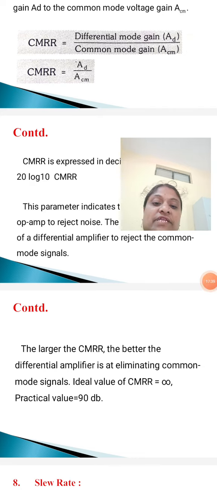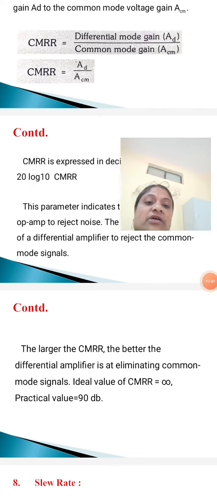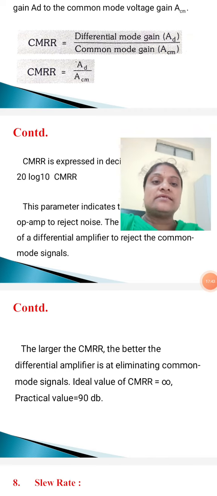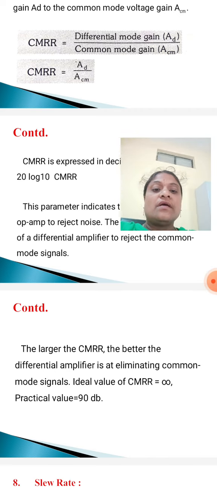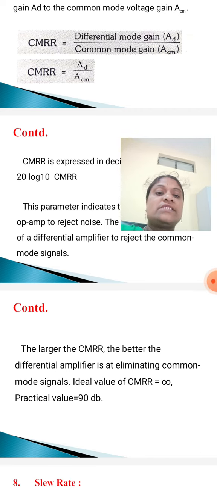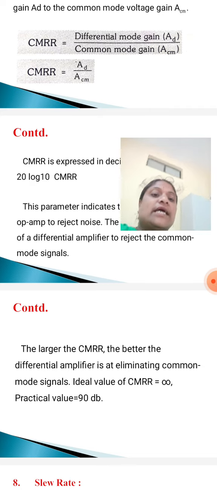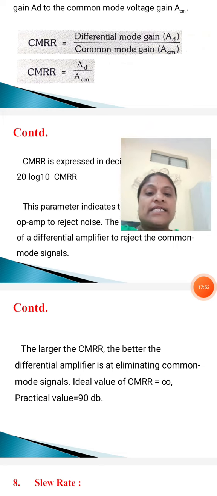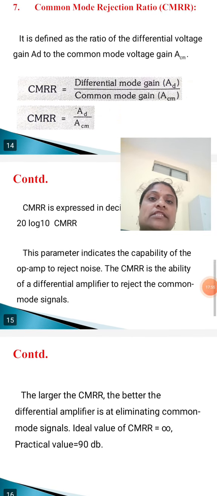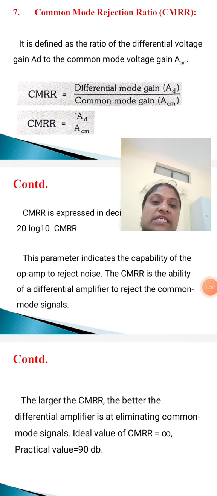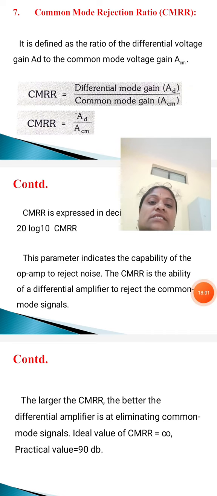The ideal value of CMRR is infinity, and the practical value of CMRR is nothing but 90 decibels. This is nothing but common mode rejection ratio, CMRR.